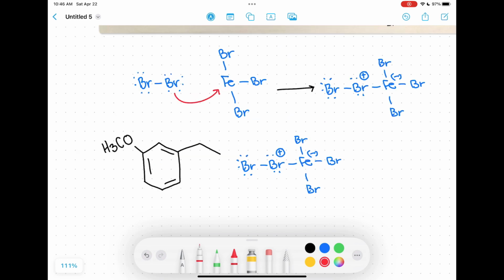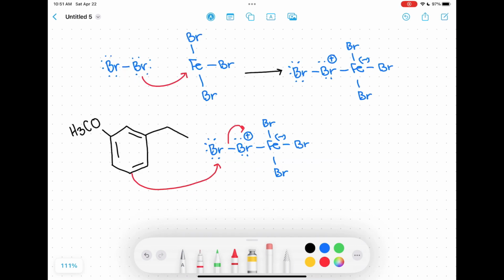Once we have made our electrophile, we notice that the bromine with the positive charge already has too many bonds. Therefore, in this reaction, we're going to attach the bromine at the end. So now that the bond between the bromines is broken, we are going to form our carbocation.